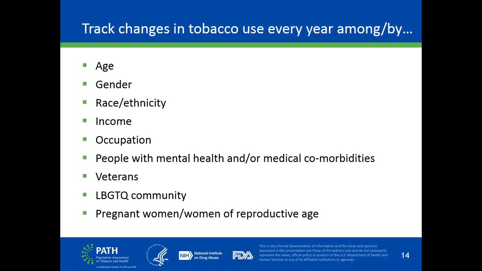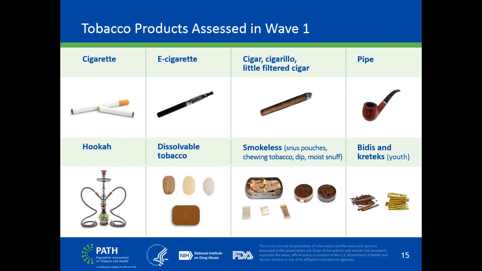And so you can imagine looking at changes in tobacco use and other health outcomes overall and in different groups over time. We'll have a real nice ability to do that.